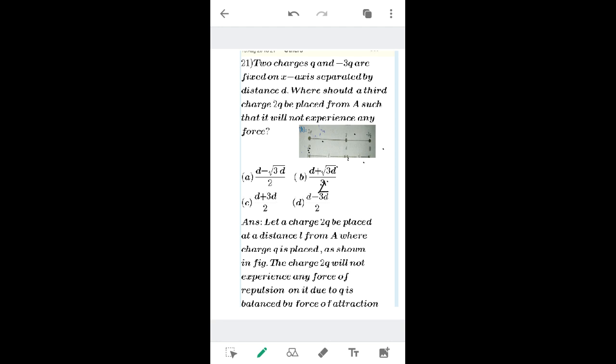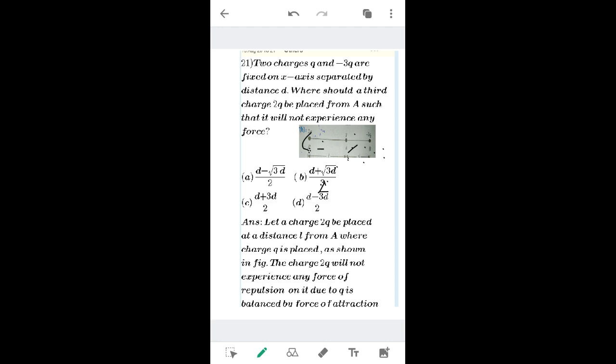Okay. So now as this is 2q charge, and here is a q charge, it will experience a repulsion force from the q which is placed at A, but it is counterbalanced by the charge minus 3q. Force of attraction and force of repulsion is balanced there, right?